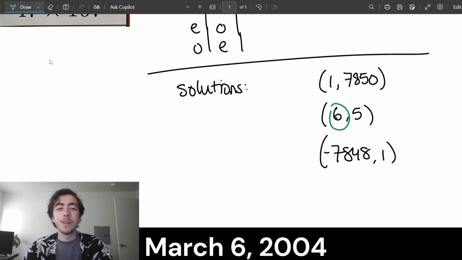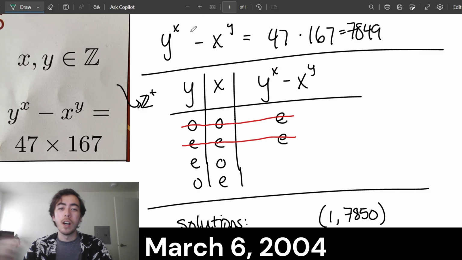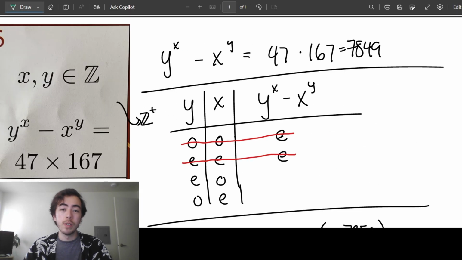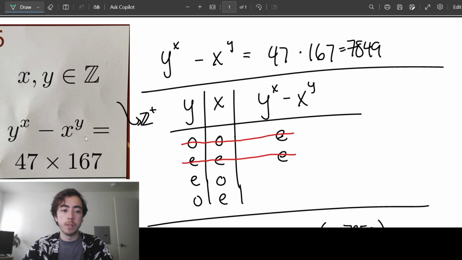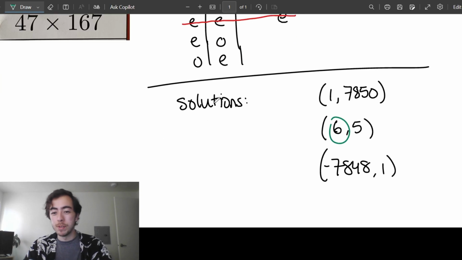And I said earlier that this question was wrong just because other questions in this calendar have done a good job at trying to remove these extraneous or secondary solutions. So they really should have put some kind of condition like X is greater than 1 or something. That would have been totally fine. But since they didn't, we do have 3 separate solutions.